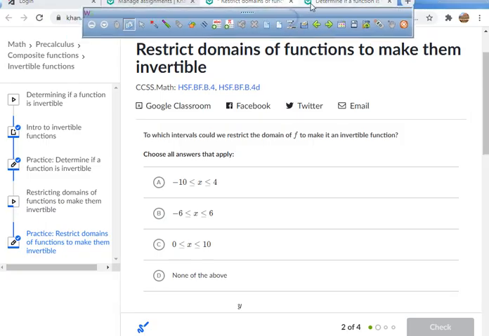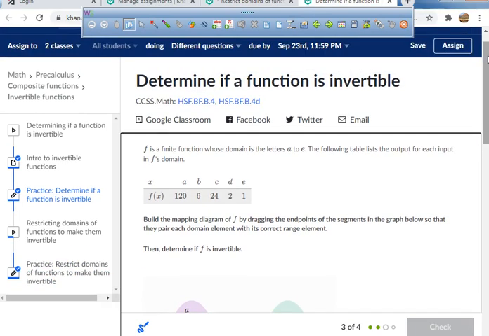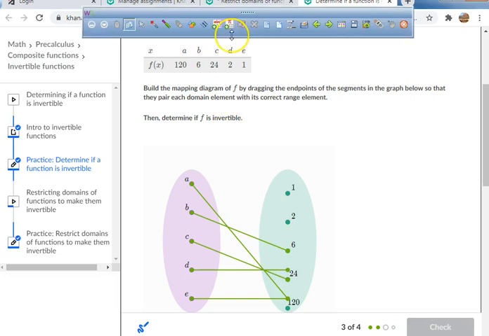All right, we're going to take a look at some Khan Academy here, and then we're going to determine if a function is invertible. Let's take a look at these numbers. A goes with 120, B goes with 6, C goes to 24, D goes to 2, and E goes to 1.